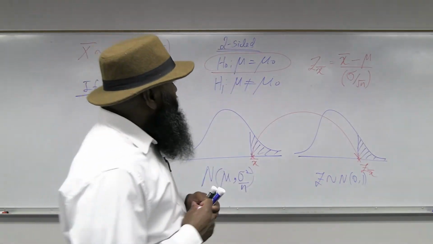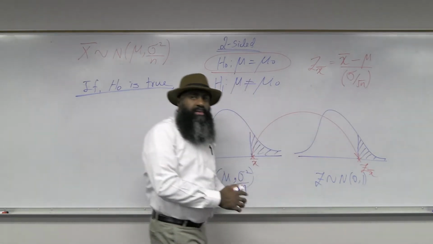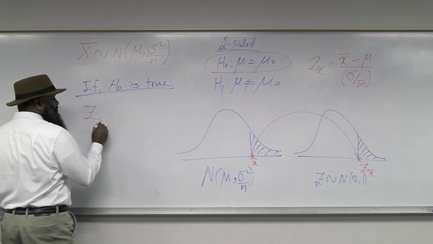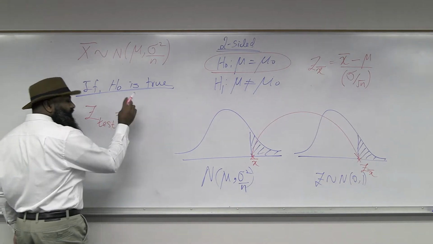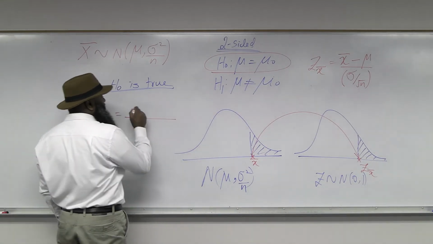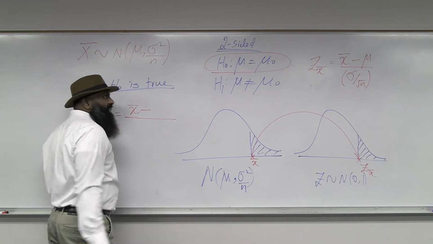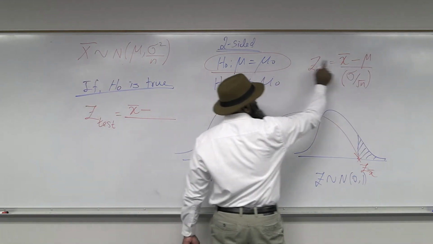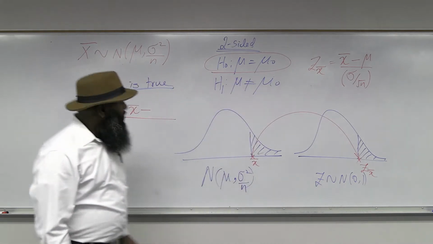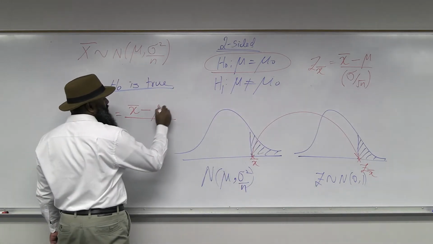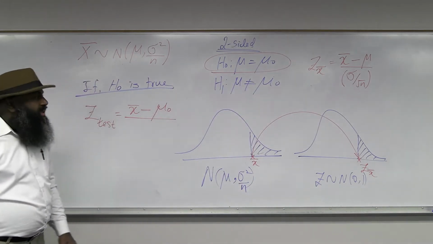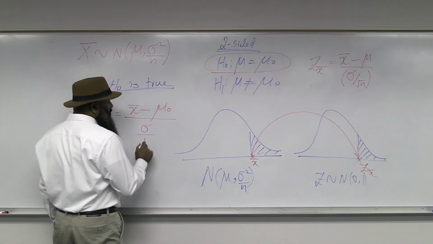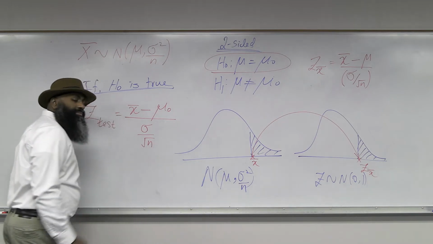So instead of writing it as zx bar, I will write it as z test. I will write that numerator as x bar minus, the null hypothesis says this mu is equal to mu 0, x bar minus mu 0. The denominator stays the same, sigma over square root n.